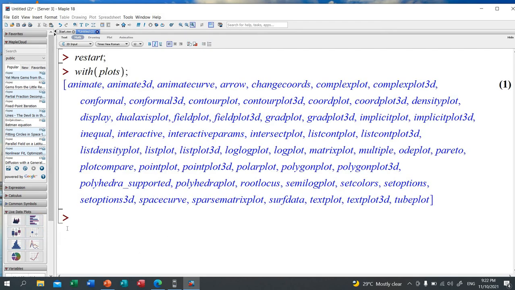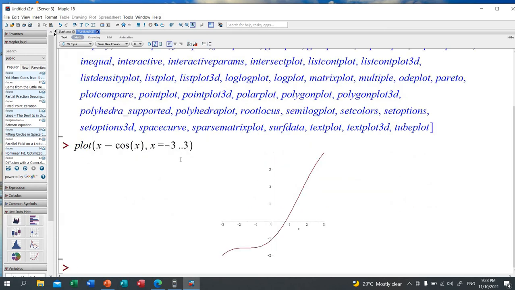These are all the variable functions that you can call using the plot. Okay. If I want to plot only one, I plot x minus cos x. So put x of -3. Okay, up to you to play around with the interval there. So here is up to you to put, okay? But make sure it's a finite number. So from here you can see the graph of x minus cos x.